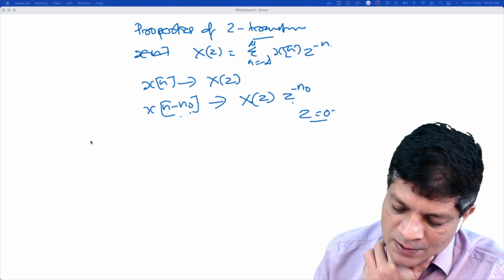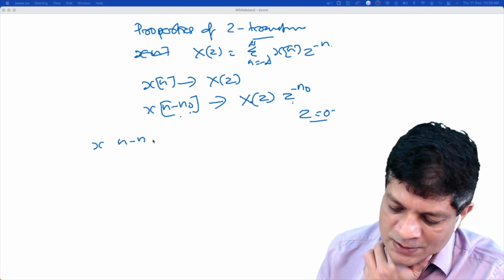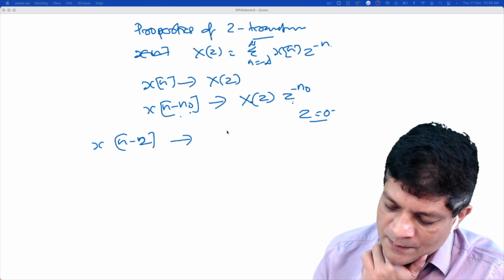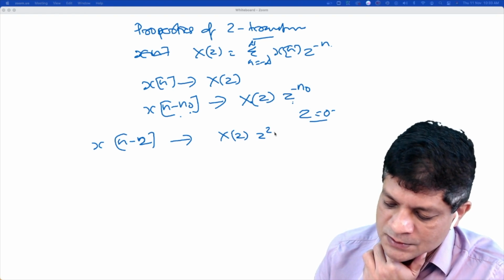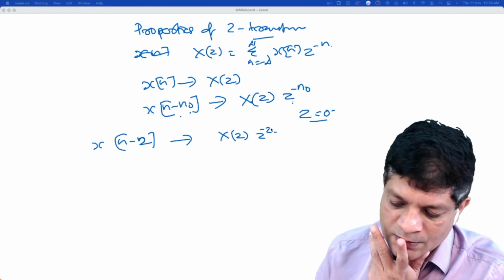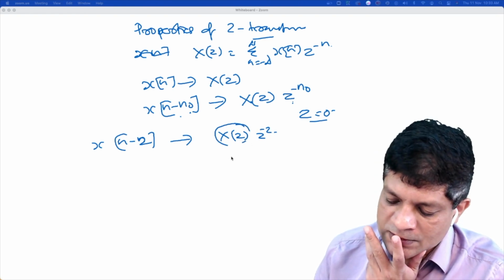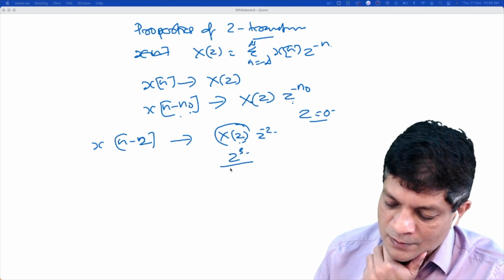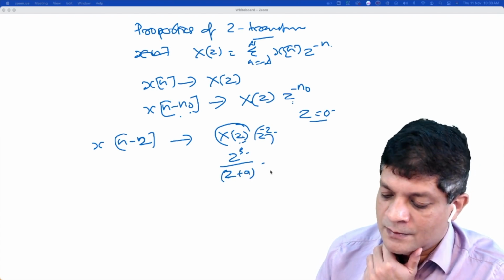For example, if you consider x[n minus 2], that means this is X(z) into z raised to minus 2. If X(z) is, let's say, of this form, then what will happen?